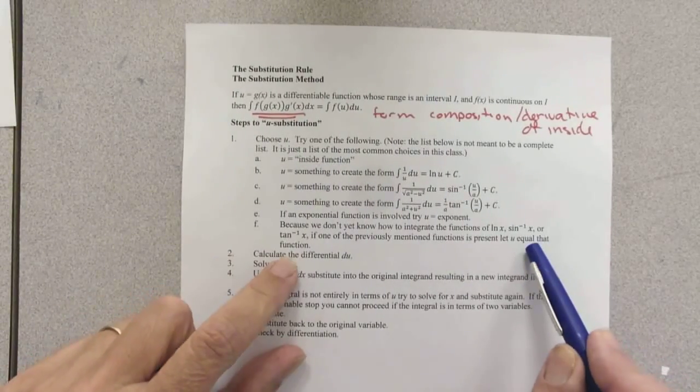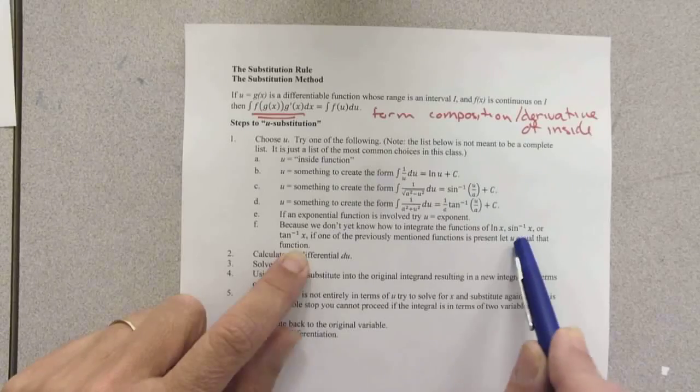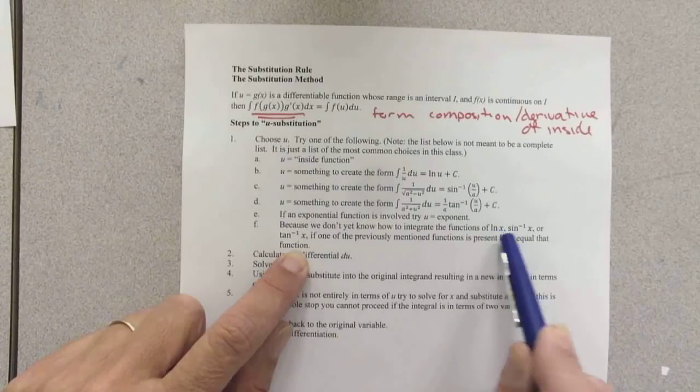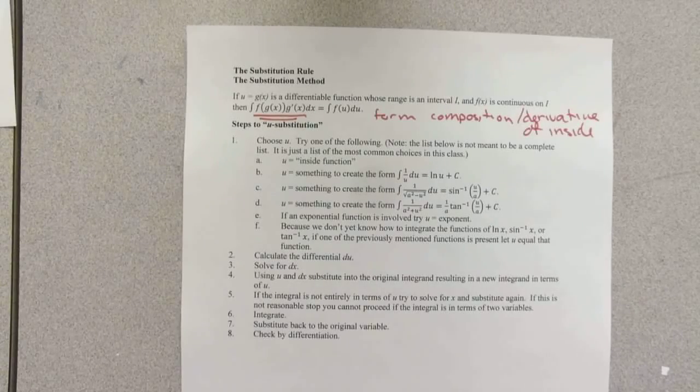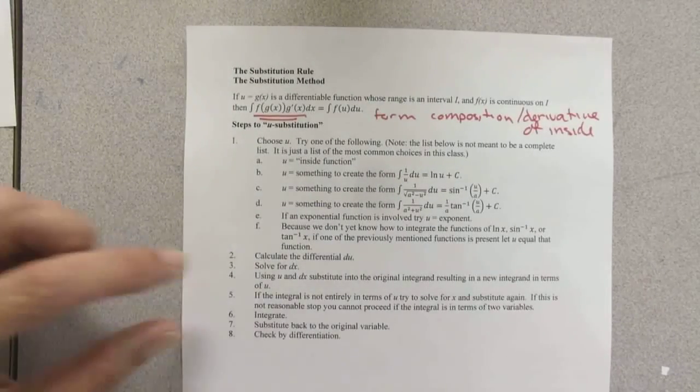This is just a suggestion right now that if you see natural log of x, sine inverse of x, or tan inverse of x, maybe letting u equal one of those will work. Maybe in the future it won't. There is never going to be an always when it comes to integration.